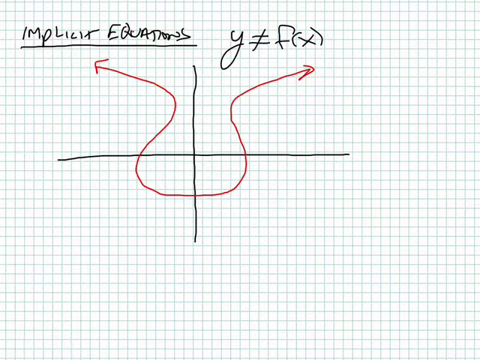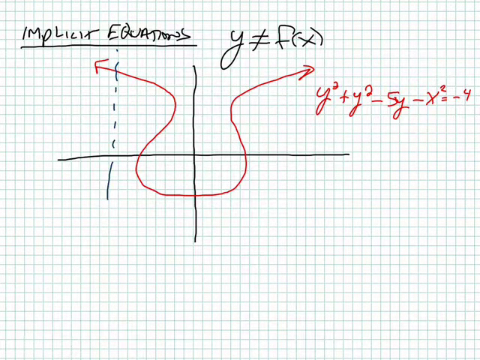Okay, so this graph comes from the equation y cubed plus y squared minus 5y minus x squared is equal to minus 4. It's one of the graphs in your book. Now if I look at the vertical line test, out here on the left-hand side, at this one x value, there's only one y value.